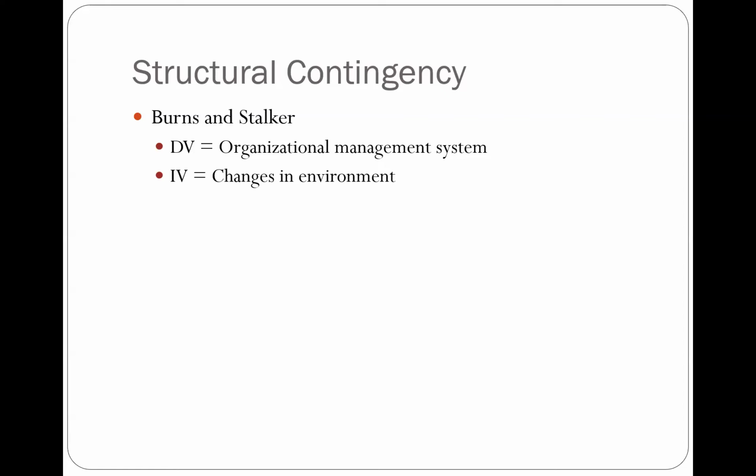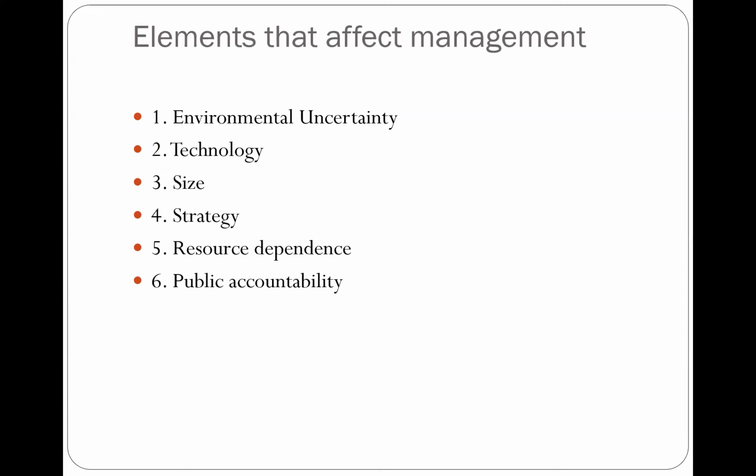All those things are independent variables, changes in the environment that can then help explain changes in the way in which the organization is managing itself. So if you want to understand organizations under structural contingency theory, you have to understand all these contingencies, all these different elements that affect the management of the organization.